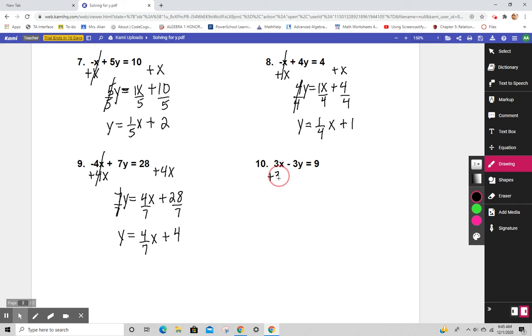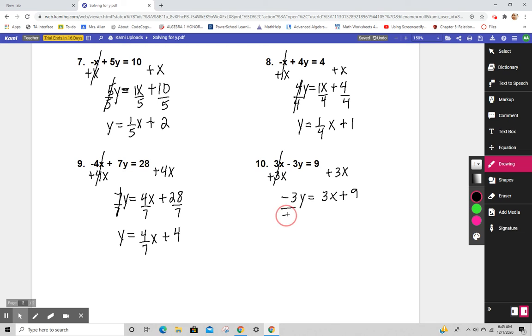So add 3x to both sides. You'll end up with minus 3y equals 3x plus 9. Don't forget, this is a minus 3y. Some students forget to drop this or bring this minus down. It is not a positive 3y, it's a minus 3y.